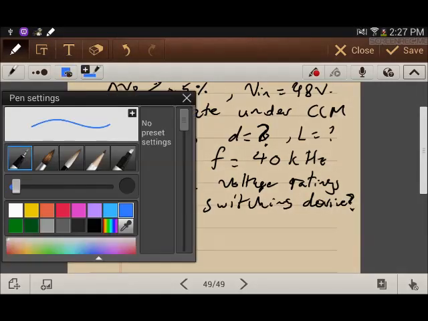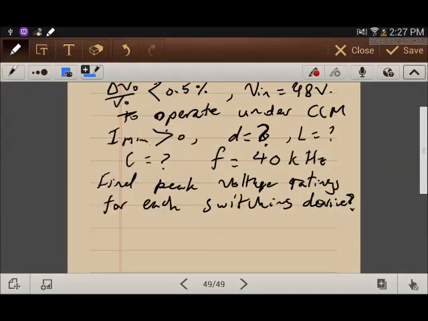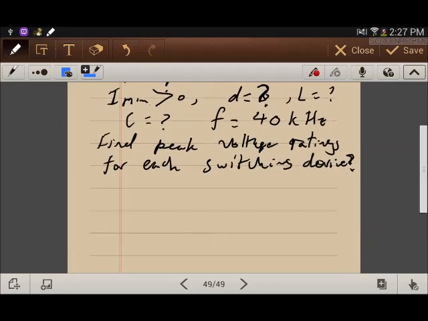So let's start designing the converter. First, number 1 is to find the duty cycle, D. The duty cycle is V out over Vin. And we have V out, which is 18. We have Vin, which is 48. So I get 0.375.